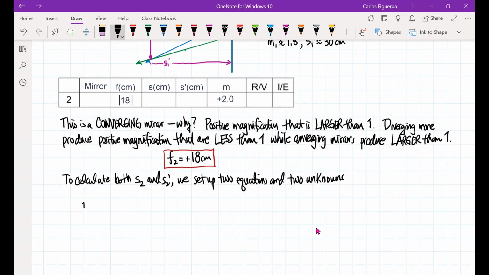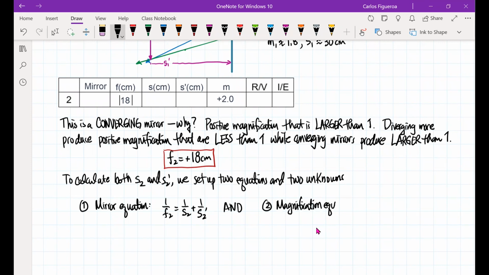So the first one has to be the mirror equation. So when I look at that mirror equation, it says 1 over F2 equals 1 over S2 plus 1 over S2 prime. And I also have a second equation in the magnification equation. And the magnification equation says that this is minus S2 prime over S2 is equal to positive 2.